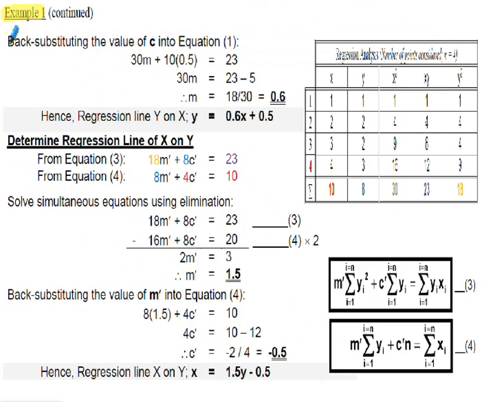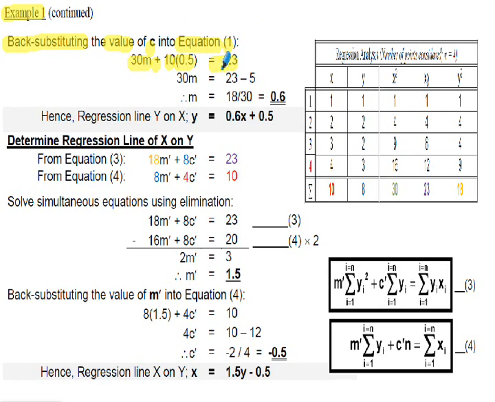Example 1 continued here. We're going to back substitute the value of c from the previous slide into equation 1. So 30m plus 10 times c, which was 0.5, is equal to 23.